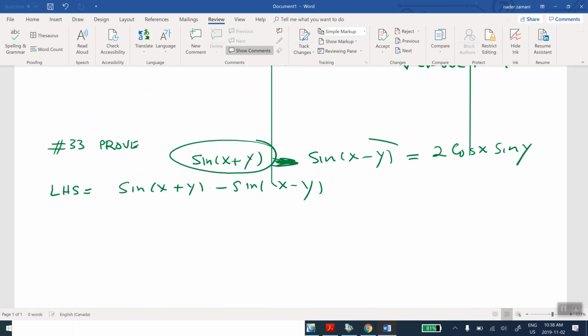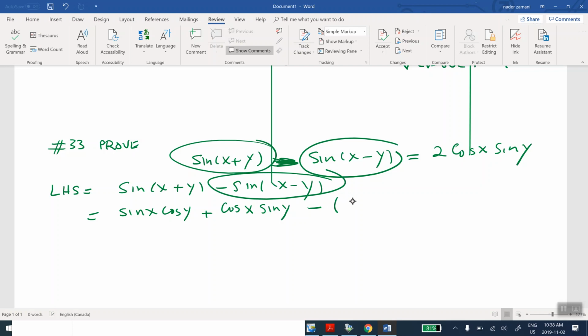I'm going to use the formulas for the sine of the sum and difference of two angles: sine x cos y plus cos x sine y, minus sine x cos y minus cos x sine y.